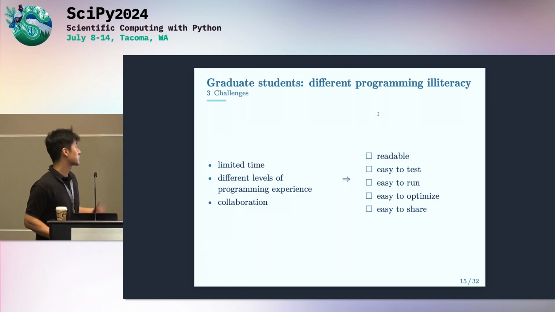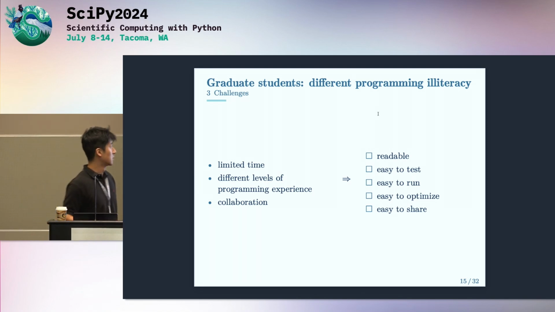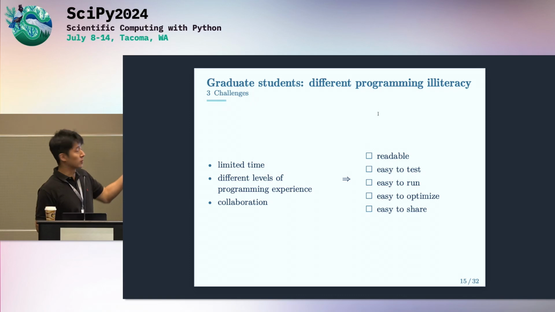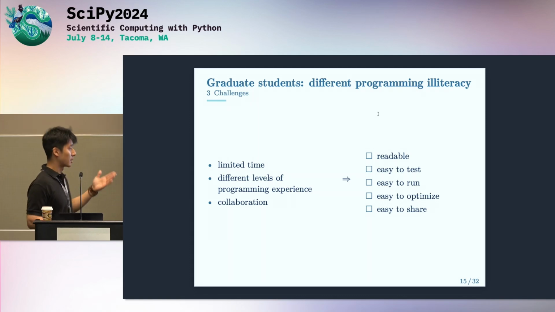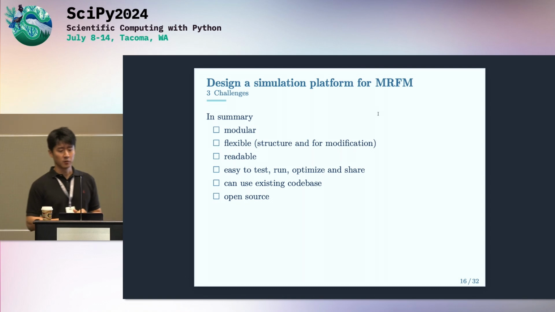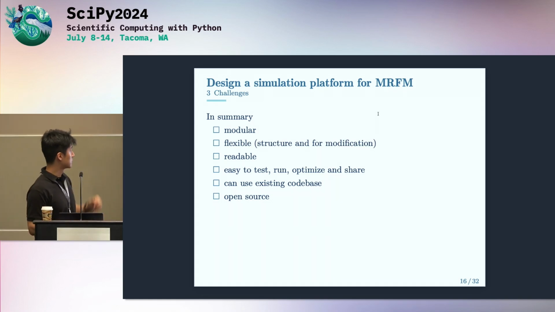And we also need constant collaboration. So we want to share the code constantly with other group people for different experiments, or just for collaboration. So in general, we want it to be very readable, easy to test, run, optimize, and share as well. So in summary, we want this simulation platform to be modular, flexible in terms of structure and for modification, readable, and just easy to use.